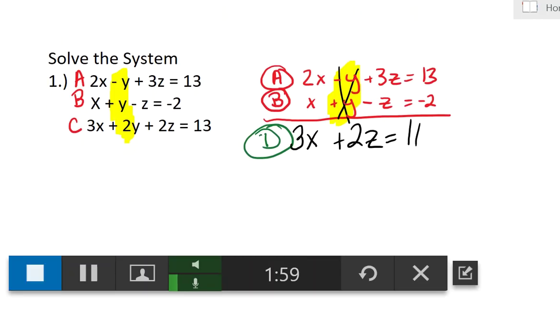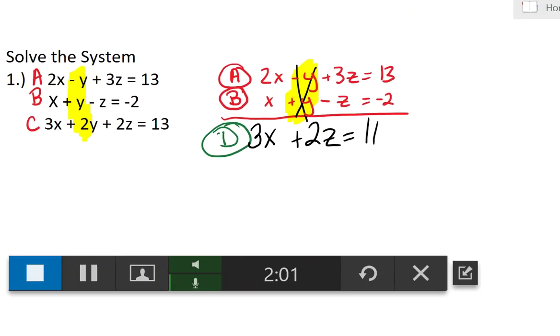Then I am going to take another combination from A, B, and C. I cannot have it be the same combination as A and B, so it needs to be different. And I'm going to do the same thing. I'm going to eliminate.